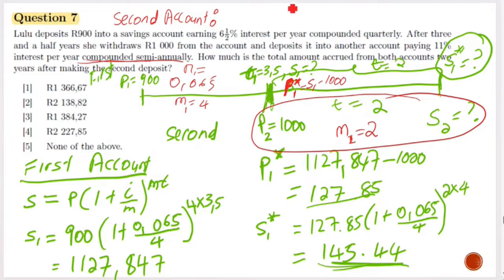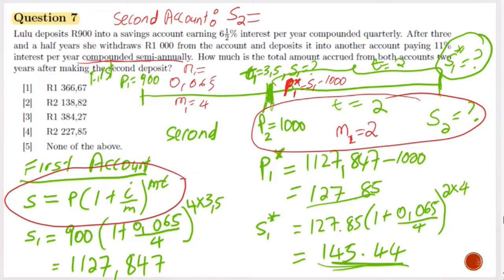I'm using the same formula, because it's a standard formula. I'm looking for the accumulated amount of the second account, so I'll give it that notation. What is the present value of this account at Capitec? It is 1,000.